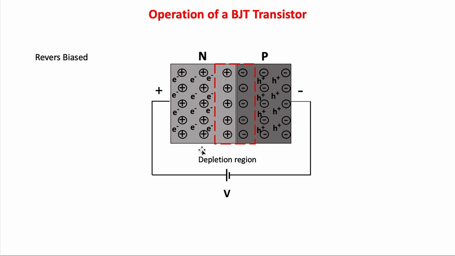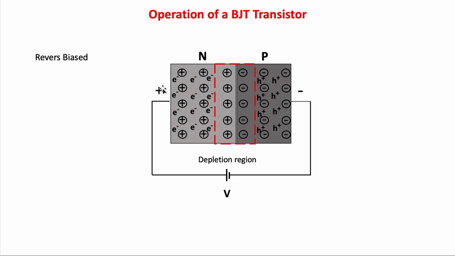For a reverse biased PN junction, if we reverse these signs, applying the positive end to the N-type region and the negative end to the P-type region, we get a reverse bias. The negative polarization over here will attract the holes, which are positively charged, to this end, away from the depletion region.